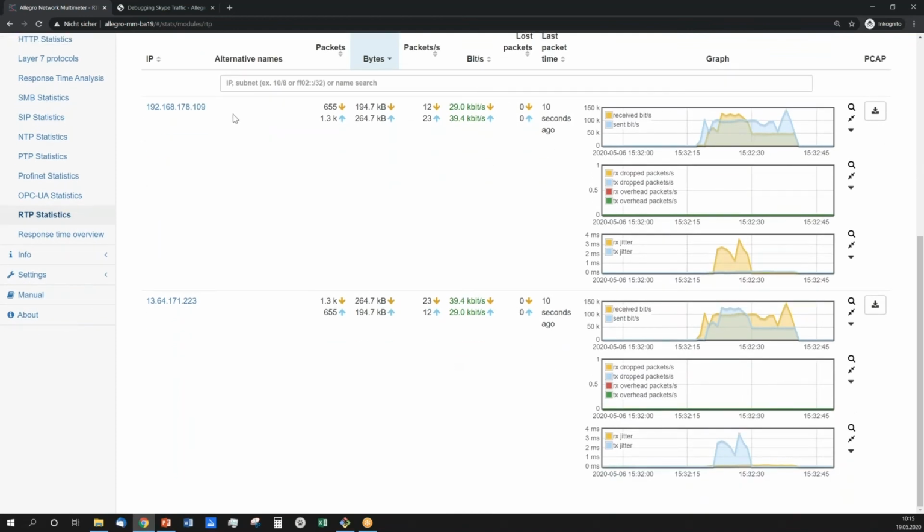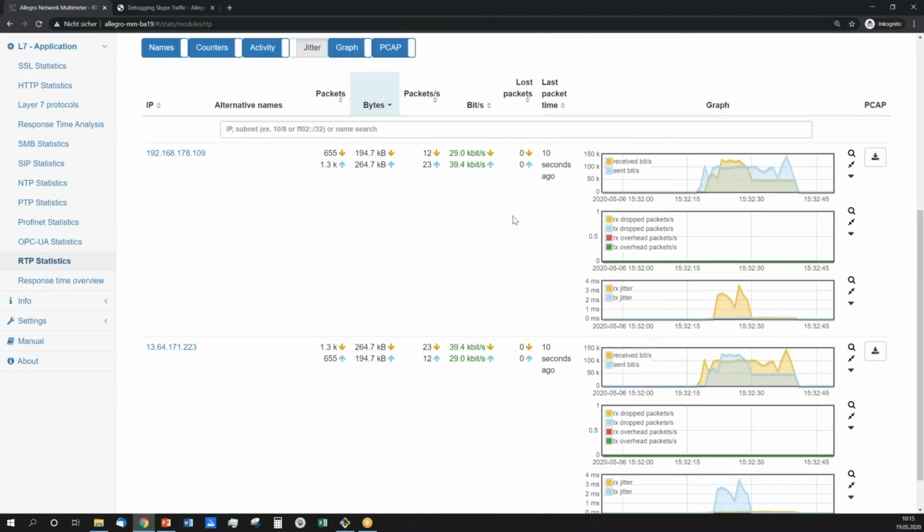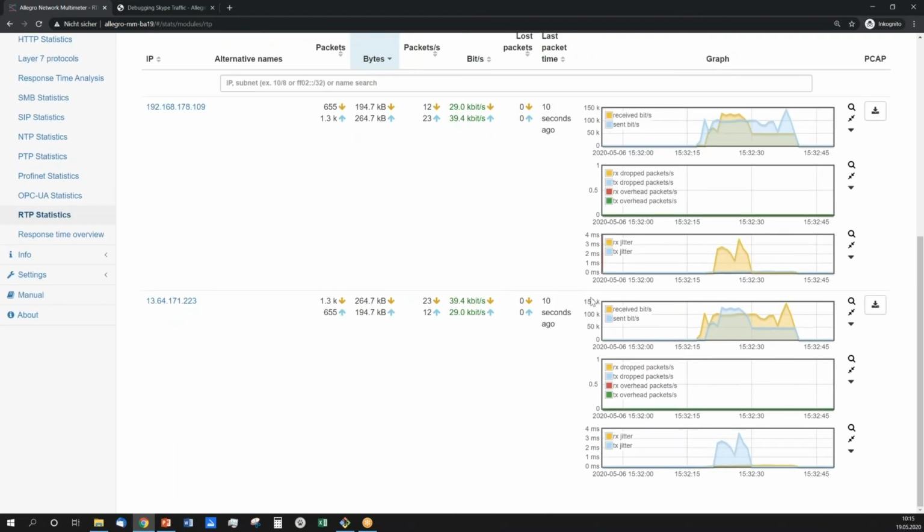And here you see that we had 2 RTP connections, because it was a Skype test call, and you see the received and sent bits per direction. You see the lost packets, which was 0, so very good in my case, and you see the jitter for both directions. The interesting thing here is that jitter and dropped packets are the 2 very important values to measure VoIP.